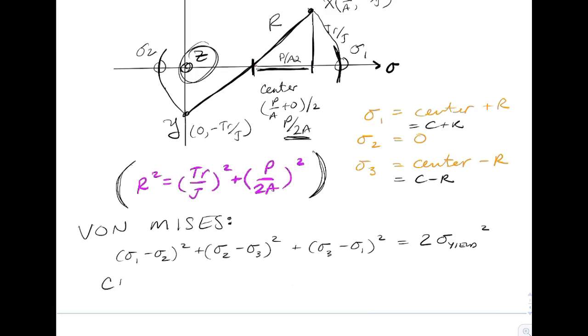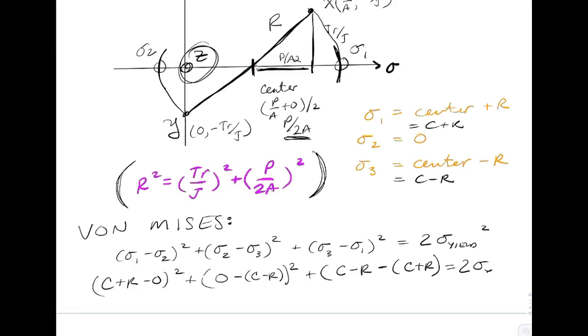So sigma 1 becomes C plus R minus 0 squared, plus sigma 2, which is 0 minus C minus r. You have to be very careful with your signage in here. Sigma 3 minus sigma 1 is going to be c minus r minus the quantity c plus r. And that would equal 2 sigma yield squared. And going back, I forgot to square that entire quantity.